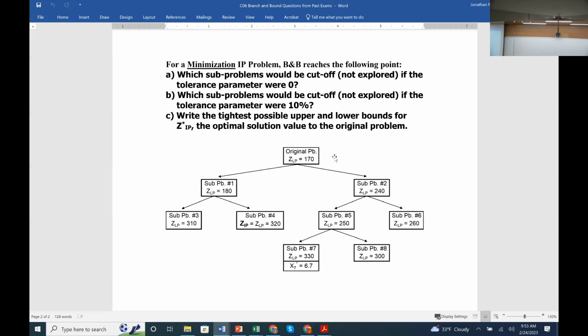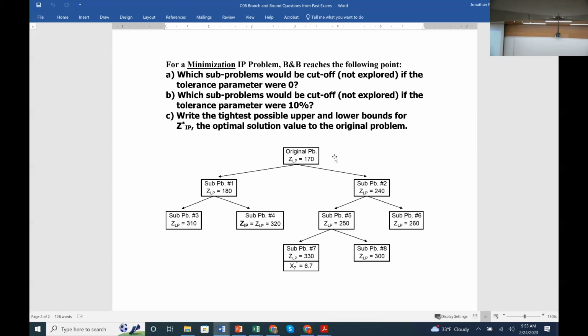If the tolerance were 10%, then I can also cut off this one and this one because they can't possibly do more than 10 or 20 units better, and 10 or 20 units is definitely less than 10%.